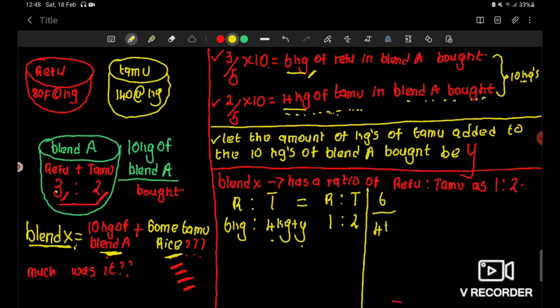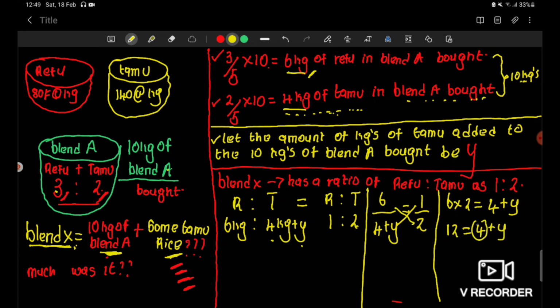6/(4 plus y) should be equal to 1/2. If we cross multiply, we shall have 6 times 2 is equal to 4 plus y, which will be 12 is equal to 4 plus y. If we take 4 to the other side, it will be 12 minus 4 is equal to y.